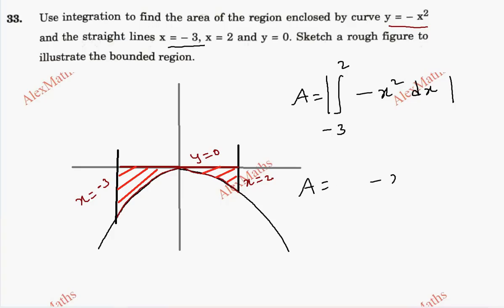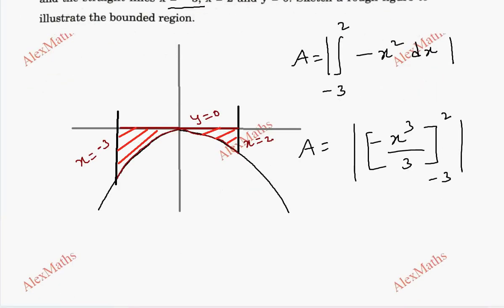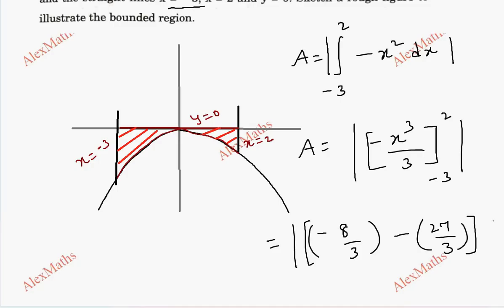This integration is minus x cube by 3, and we have to use the limit from -3 to 2, and still we keep taking the modulus. When you put the upper limit, minus and 2 cube, which is 8 by 3, this is the upper limit. When you put the lower limit, when you put -3, it will become -27, but already there is a minus, so it is plus 27 by 3, and we have a modulus again.